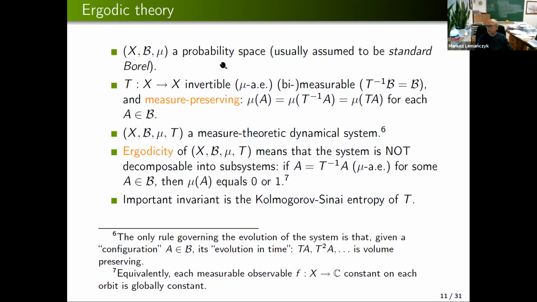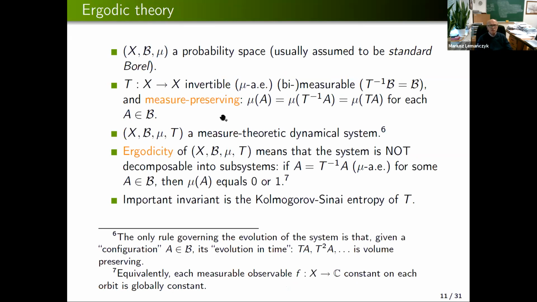So ergodic theory is a little bit more complicated, because the basic objects are probability spaces. That is a set, a sigma algebra of sets which are called measurable sets, and then a probability measure which is defined on sets which we can measure.